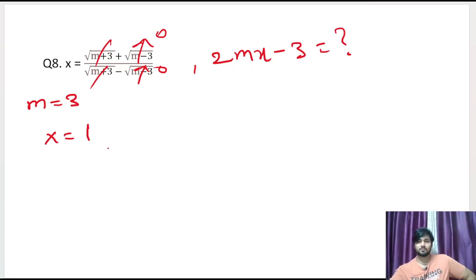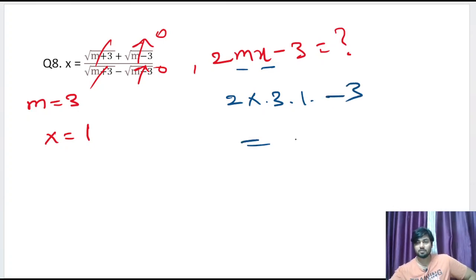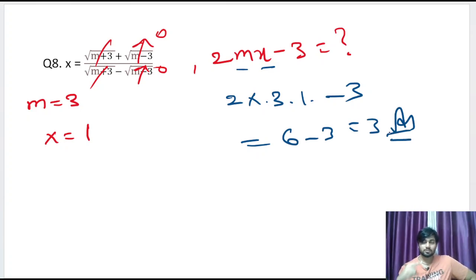Now I need to put the values of m and x here: 2 into 3 into 1, minus 3. So 6 minus 3, 3 is your answer. Now your job is to pause this video right now and do this question with the basic method, that is the componendo and dividendo method, and check that the answer is coming as 3 or not.